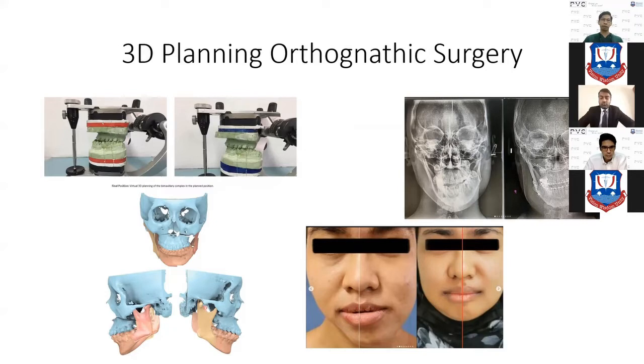We have a local company, 3D Jets, fortunately locally trained, locally made, and very enthusiastic people that do a lot of printing in the medical and surgical field as well. So we moved on from taking casts, face-bow registrations, simulating the movements on the articulator, and then making acrylic wafers to guide the surgery.